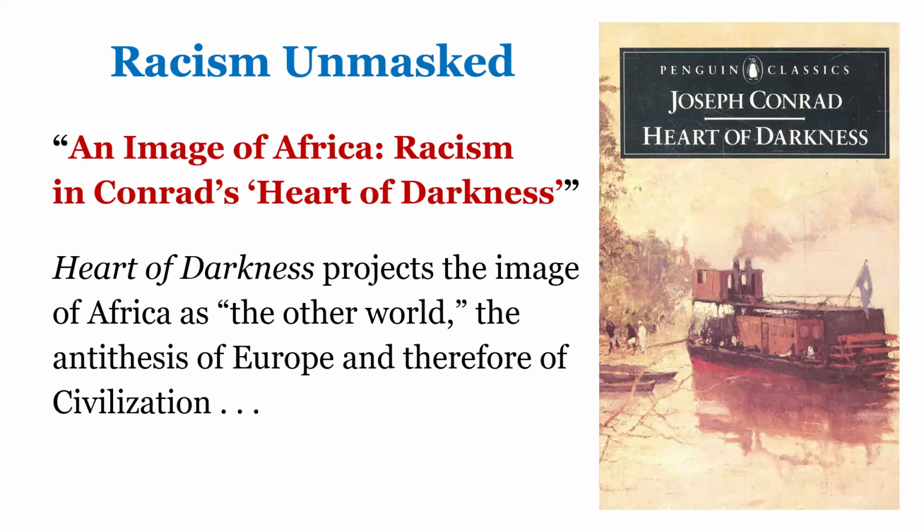So what is the ulterior motive or implied construction in Heart of Darkness? Conrad wants to show or project the civilization of the British Empire or Britain in general or the West. So in order to highlight their civilization, Africa is portrayed as a savage nation or continent. So this is how Chinua Achebe unmasks racism in Joseph Conrad's Heart of Darkness.